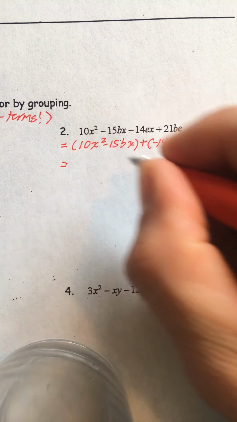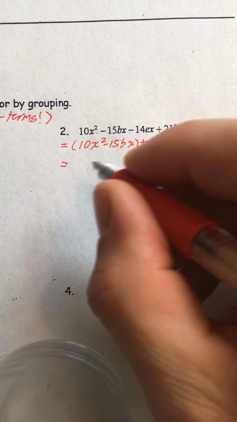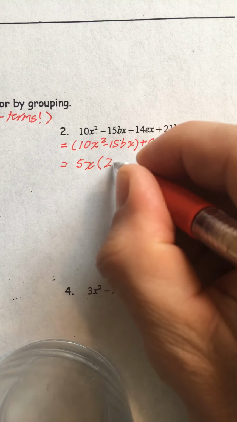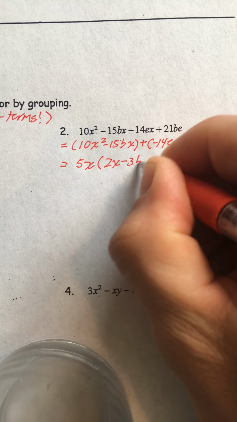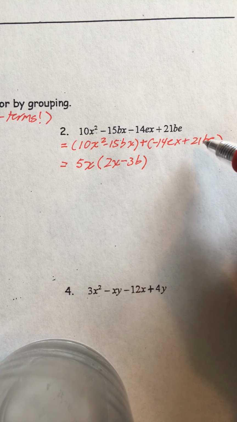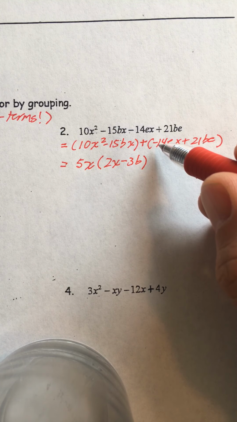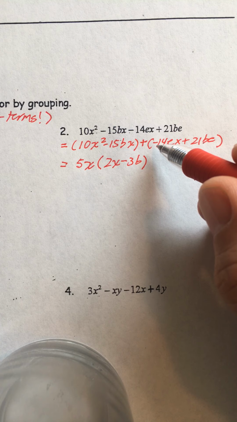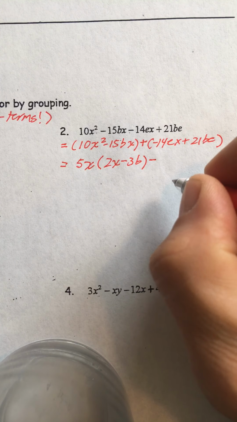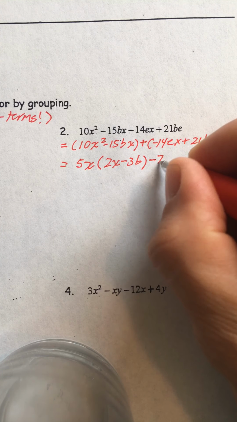So we're going to continue. I'm looking for a GCF in my first two terms, which is 5x. When I factor that out, I'm left with 2x minus 3b. And when I look for a GCF in my next two terms, notice my leading coefficient's negative. If you remember back to our first lesson on factoring GCF, we said if the leading coefficient is negative, we're going to take out a negative GCF. And we're going to take out a negative 7e.